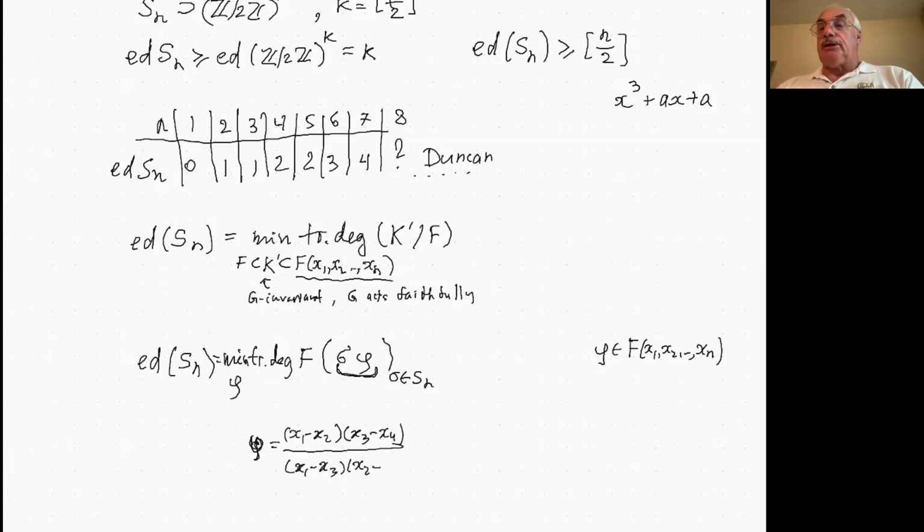Then, if n is at least 5, the transcendence degree for that particular function is equal to n minus 3. That's exactly how one gets this upper bound n minus 3. And I think most people believe that that's the best you can do. So this function provides the minimum, but the proof of this is not yet available.